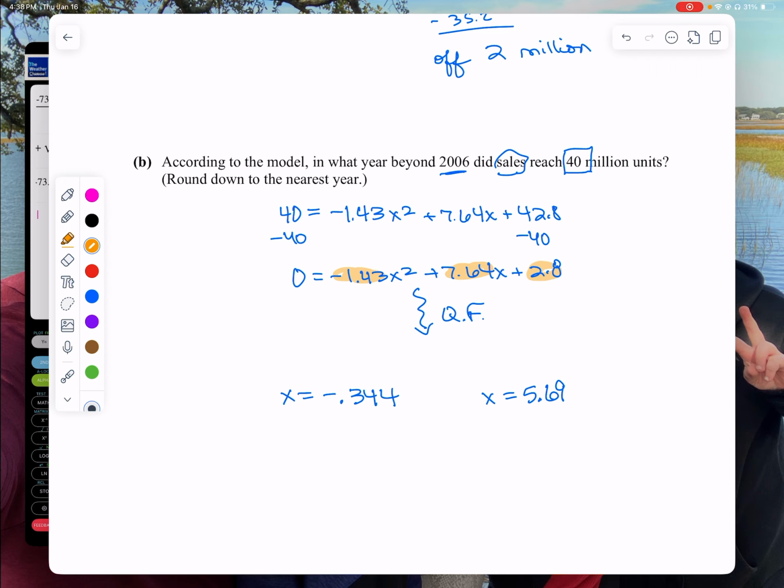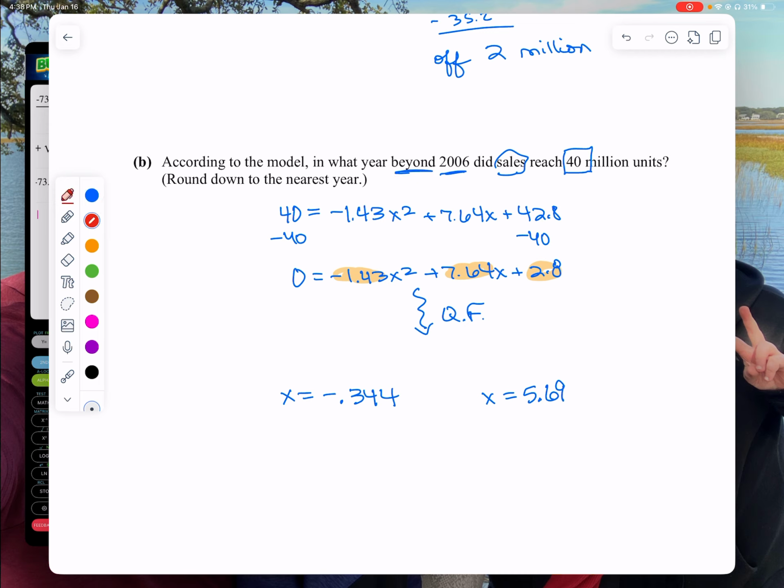I mean, that would just mean that it is before 2006, right? So it was 2006. So this negative 0.3, that's like a third of a year before. So that's 2005 and a little bit before 2006. Okay. But this is after, and that's what they said, the year beyond 2006.